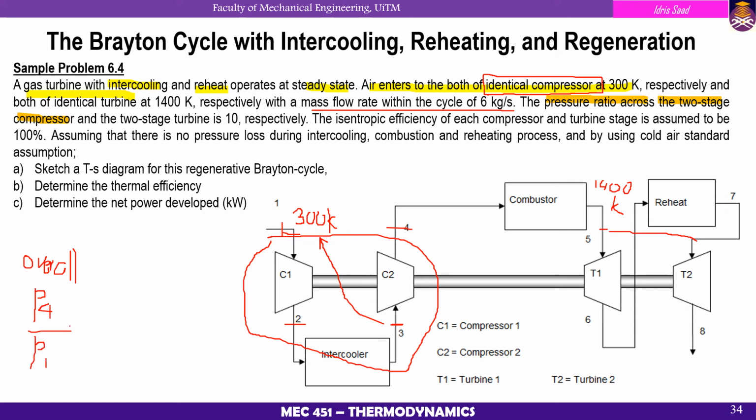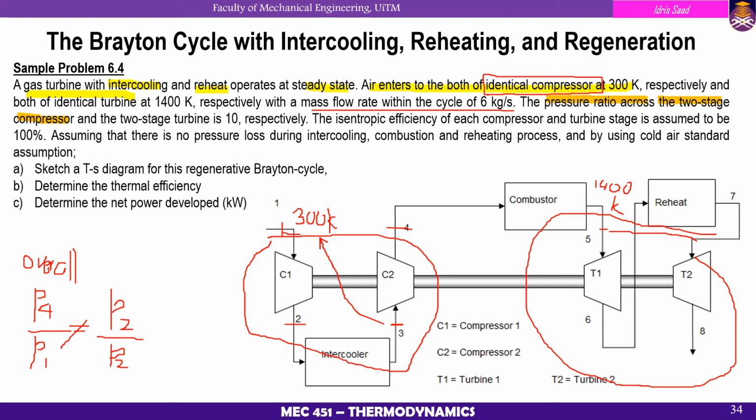It is not equal to P2 over P1; they are different. Similarly, for the turbines, P5 over P6 is not equal to the overall pressure ratio, which is P5 over P8.